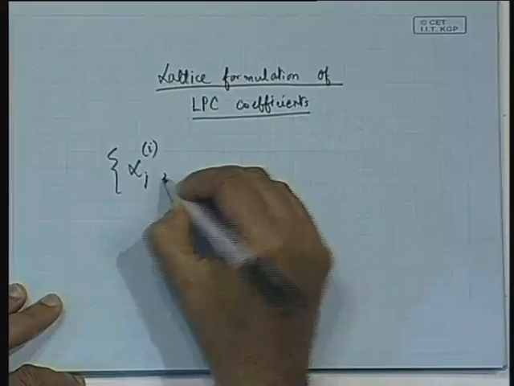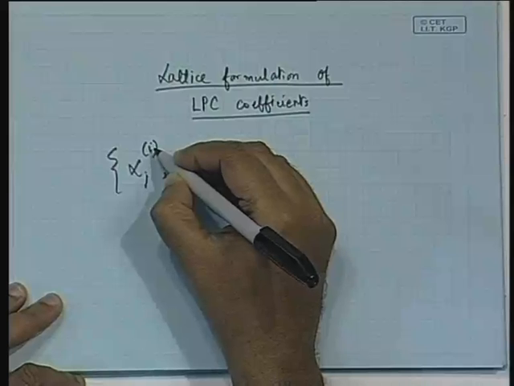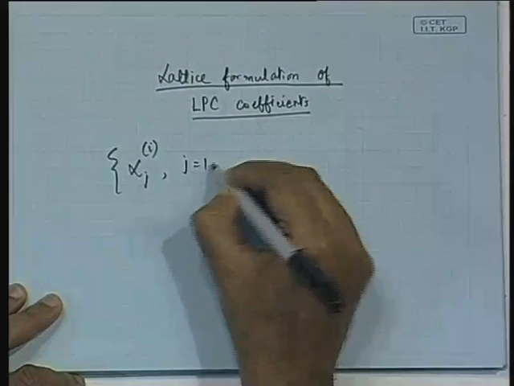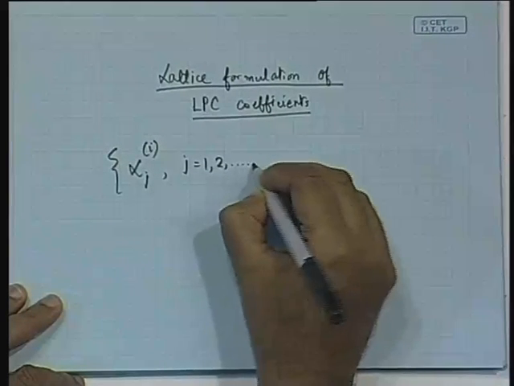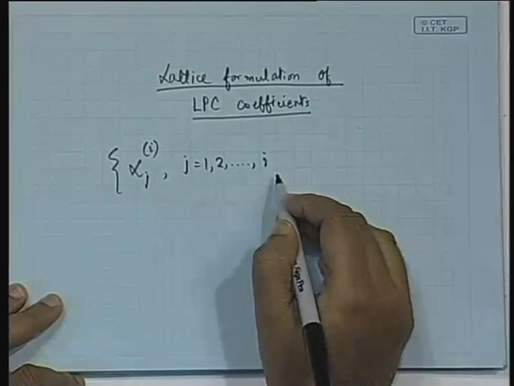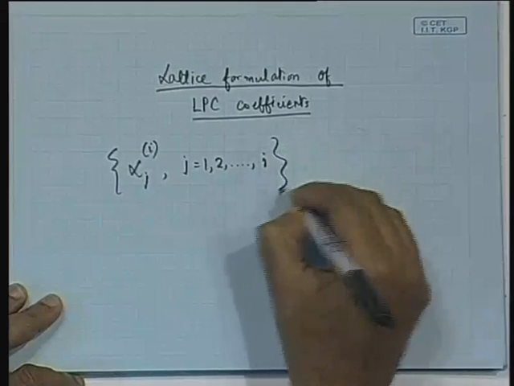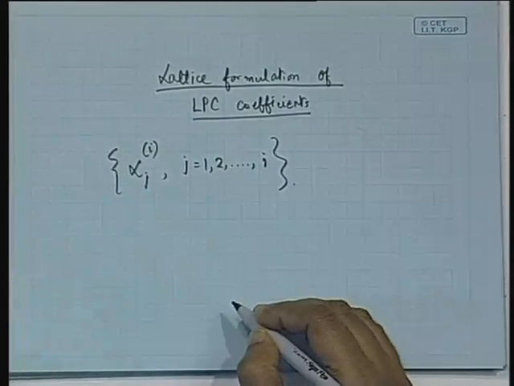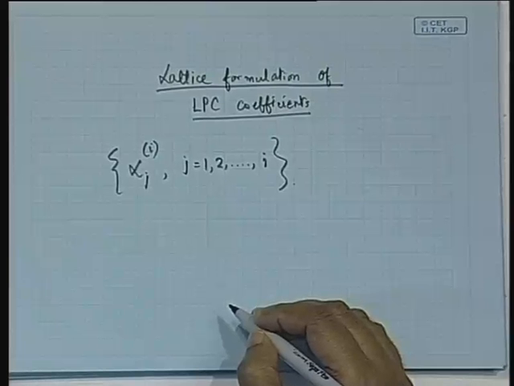So we were writing the set alpha j superscript i, where j was in the range of 1 to i.